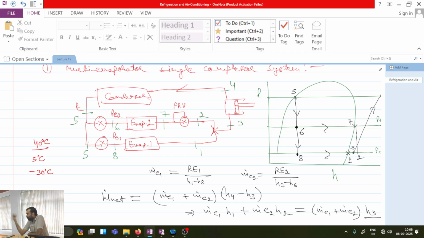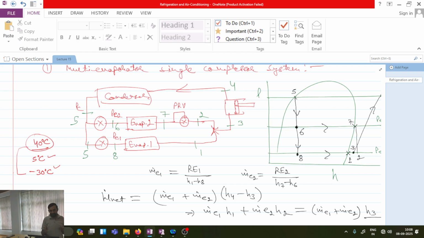When we go below minus 60, then we go for two compressors. So though I have two evaporators, my condenser and the lowest evaporator temperature are well within the acceptable range for a single compression system.